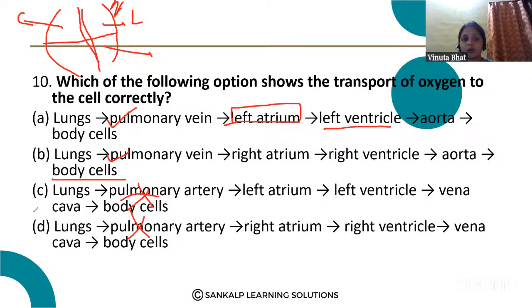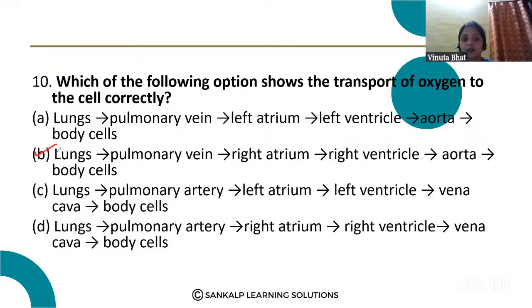So option B is the correct answer. The aorta carries the blood to the body cells. Option B is the correct answer.